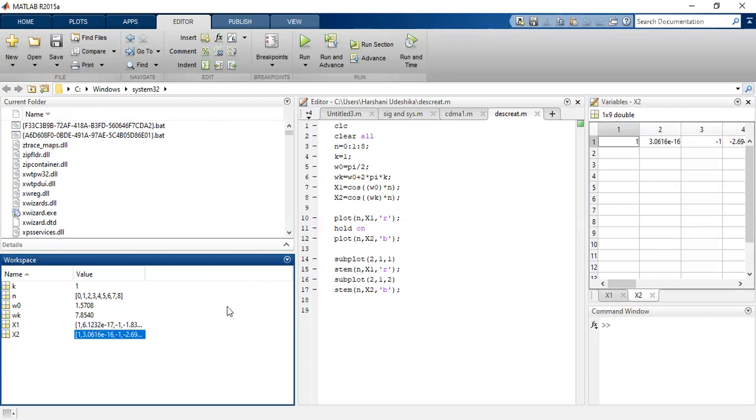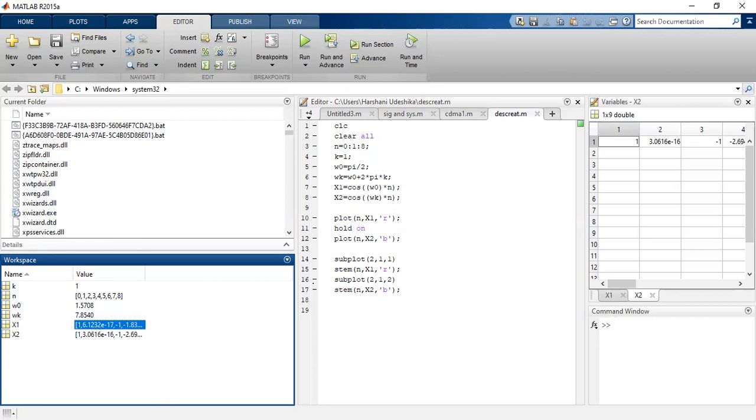So this program is working correctly, and this theory is correct. It is true. This only happened because of the decimal value calculation limitation. I hope you get that point.